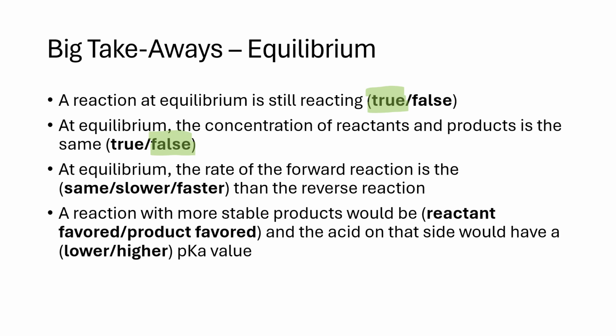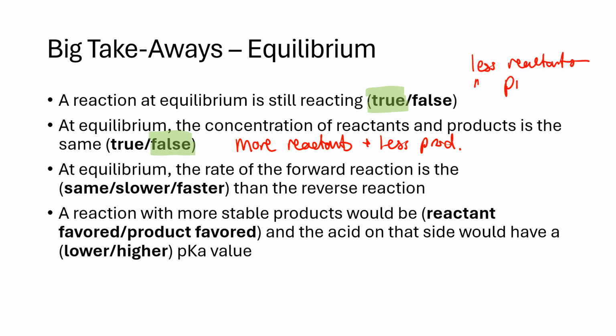So it is possible to have more reactants and less products. We would just say that the equilibrium lies more with the reactants. It's reactant favored, for example, or you could have less reactants and more products.